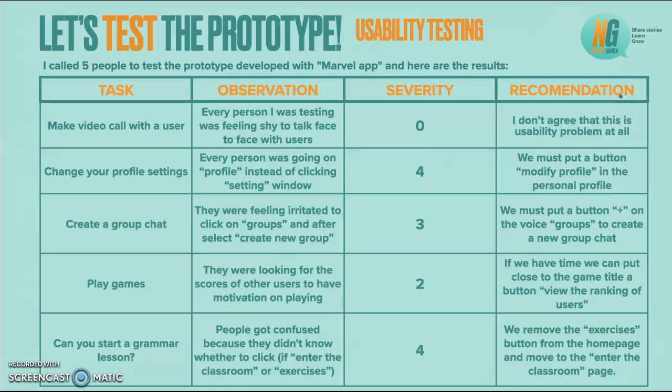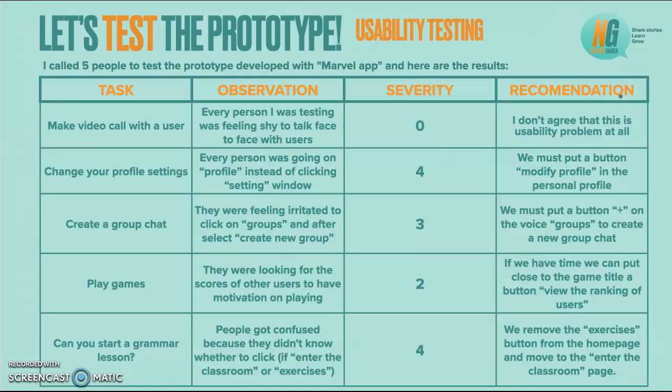For example, when I asked them to start a specific class, let's say, learn verbs, in the home page, as you remember, we have enter the classroom or exercises, and they didn't know which one to select. So this was a really important mistake to change.